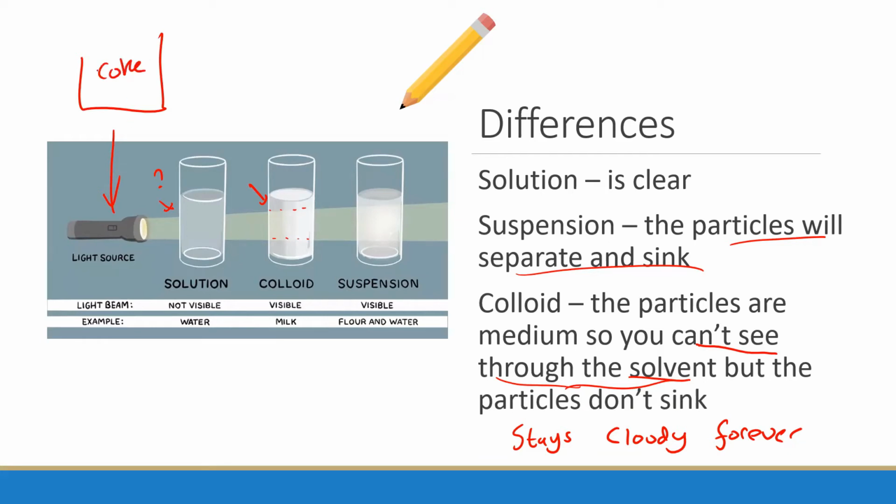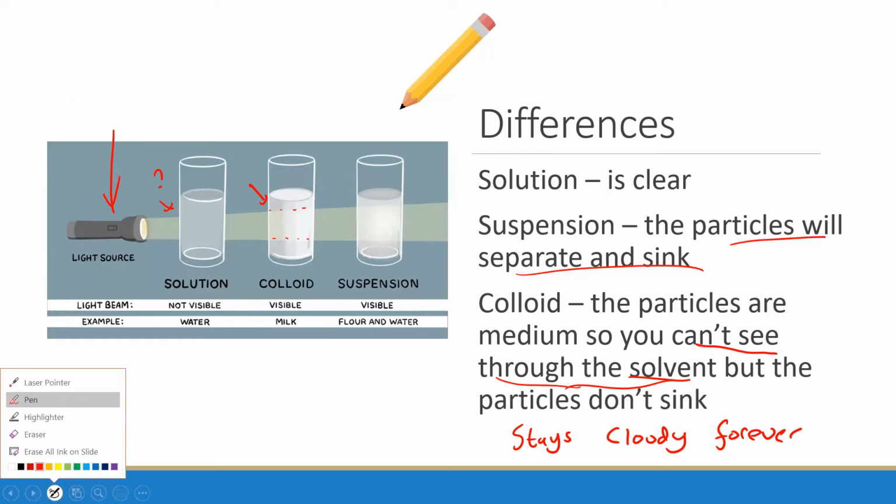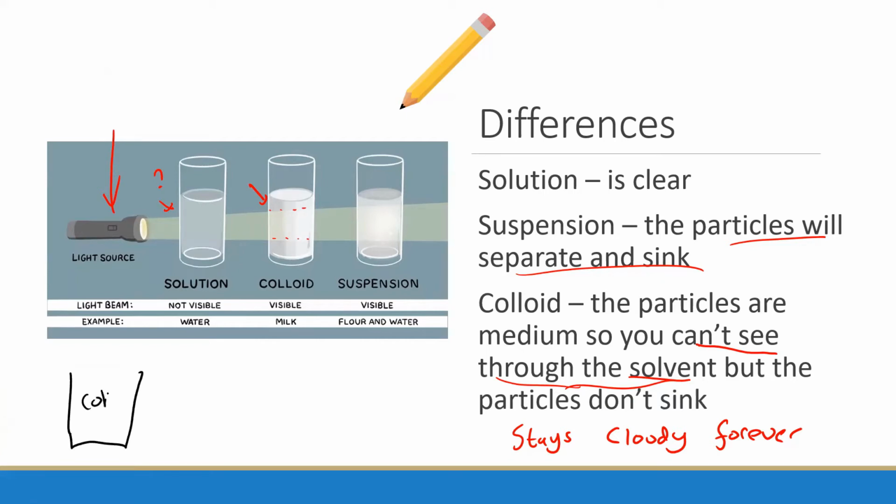But I want you guys to think about this. The only reason you can't see through Coke is because Coke is black. But that doesn't mean that it's not a solution. Just because it absorbs light doesn't mean that you can't see through it.